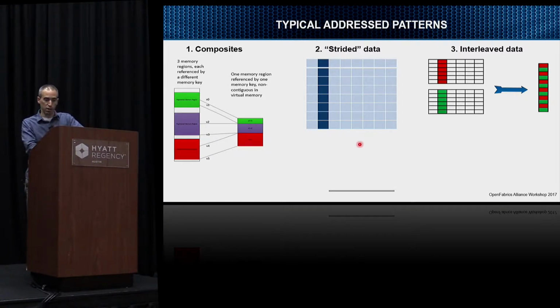Another type is the interleaved data, where there are several memory locations that we would like to merge into a contiguous one. The merge operation can be done in different fashions. In this example, those elements are combined in an interleaved manner.